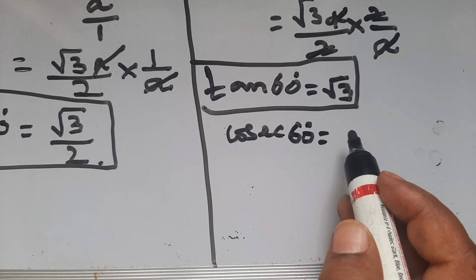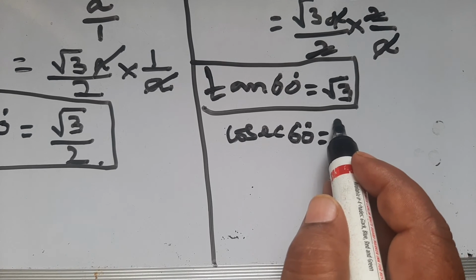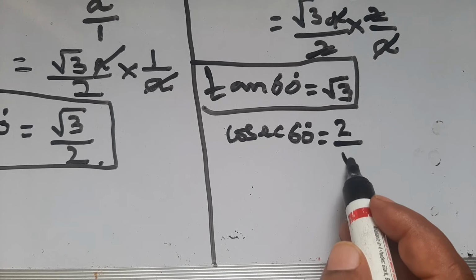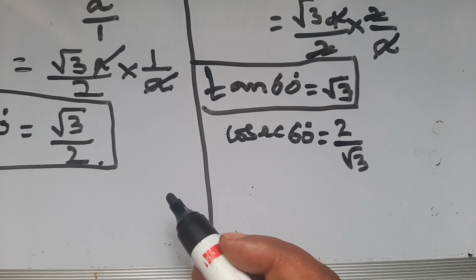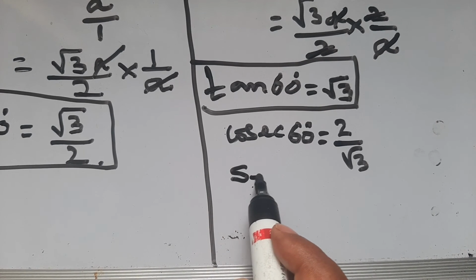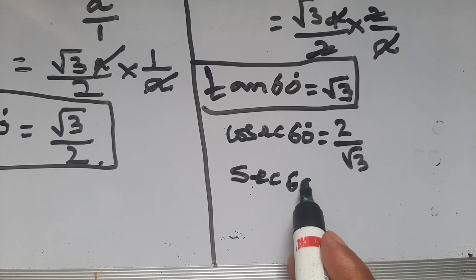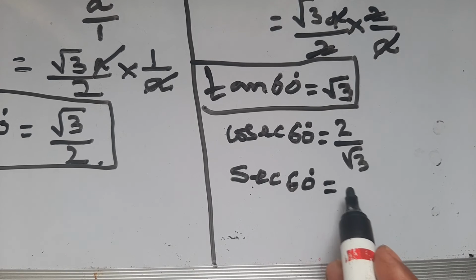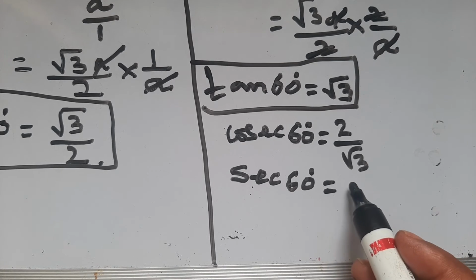So cosecant 60 means 1 by root 3 by 2, that means it will go 2 by root 3. Next, secant 60. Secant 60 is coming: cos 60 is 1 by 2 we got, and secant is the reciprocal of cos, so 1 by 1 by 2 becomes 2 by 1, that is nothing but 2.